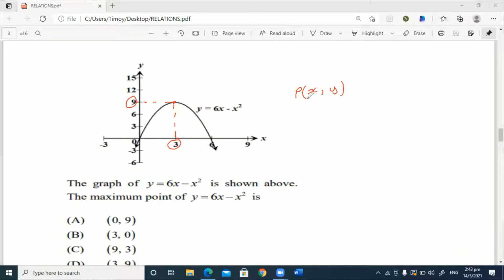So which means that we must take the x component first. So the x component here is 3, so it's going to be 3, comma, the y component, which is 9. So that's the maximum point of this graph. So which option is that going to be? That option here is going to be D. As you can see, 3, 9. All right.